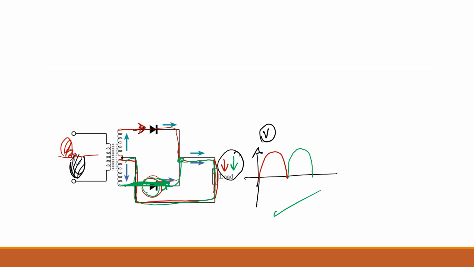Could you show me how the current is going to be if this is the negative current? To have the negative current, we need to change the circuit. Look, our purpose of having the diode is rectification. We are purposely putting the diodes in a way that you get the positive side.